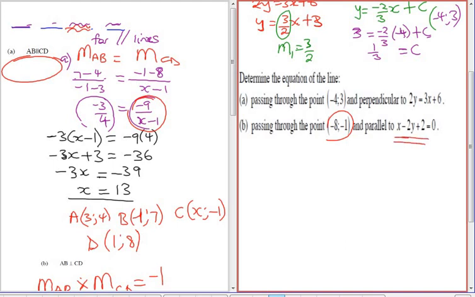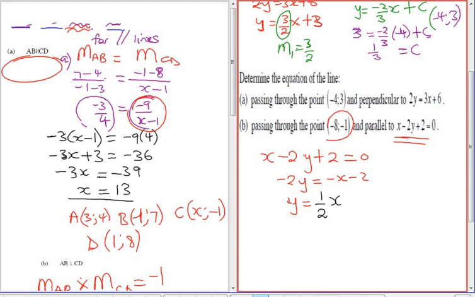So if the line is parallel to a line called x minus 2y plus 2 is equal to 0, you first of all have to establish what this gradient is. It might take a while, but let's do it. It will be -2y equals -x minus 2, isn't it? If you divide now by -2, the gradient will be -1 divided by -2, which is 1 over 2.